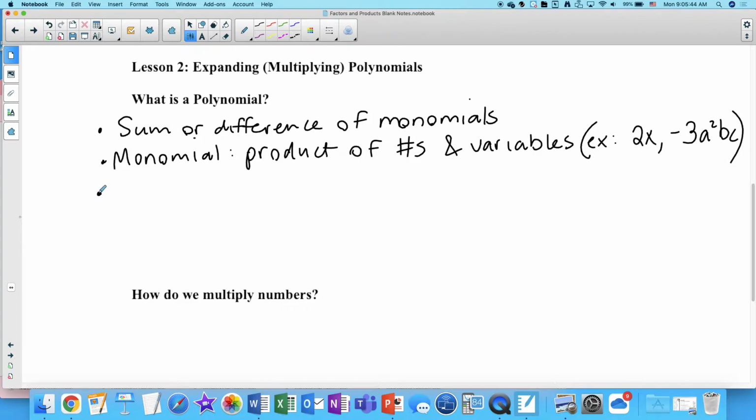Yeah, so it's when two monomials or parts of a polynomial have the exact same variables and the exact same exponents on each variable.